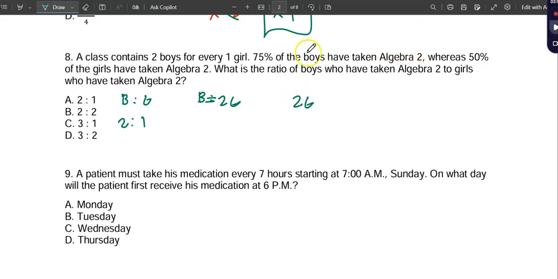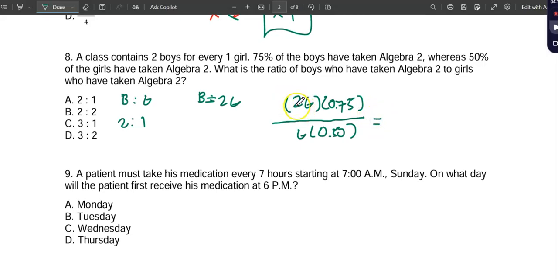So if we have that 2g, what is 75% of that one? All right, multiplied by 75% over g times 50% or 0.50. All right. So what will happen?